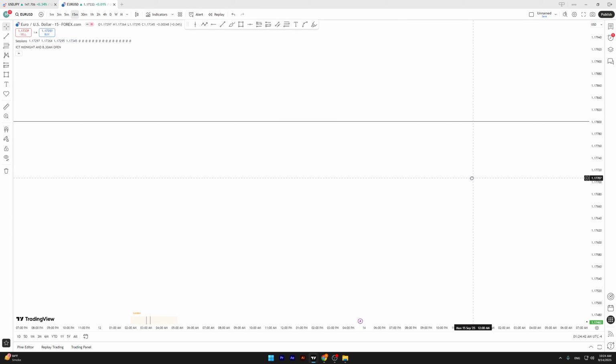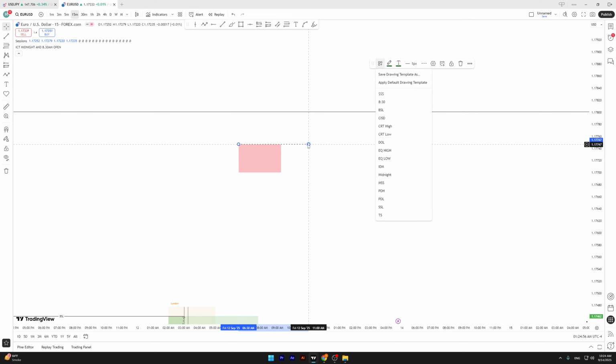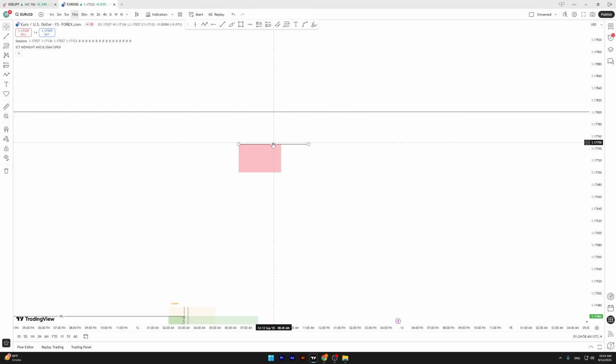The opposite is also true. If I am bearish, I will wait for a price to take out the Asian high. Let's say this is Asian high liquidity, and price takes out the Asian high before the London or in the London session, like this.